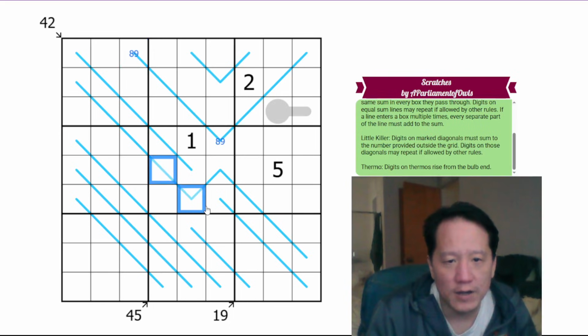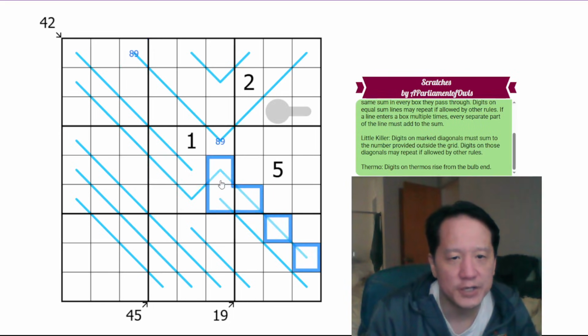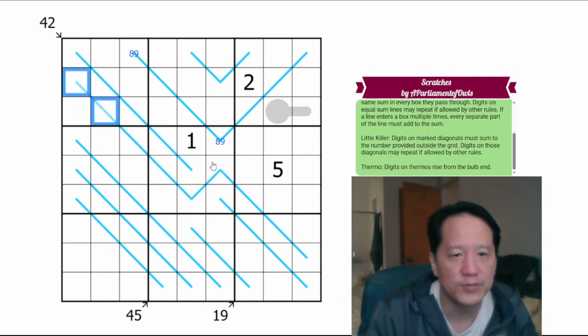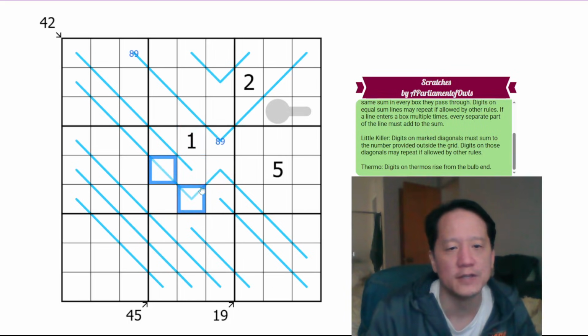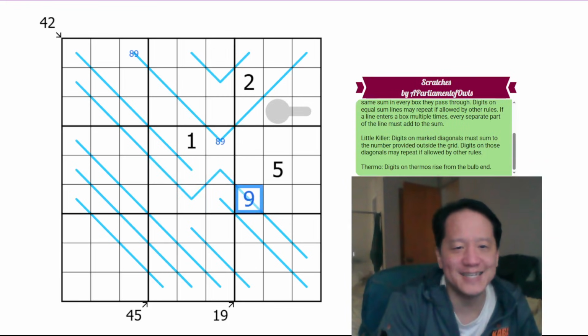We also have another region sum line where we have 3 unique digits on one segment and 1 on another. This has to be 2, 3, 4 at minimum, because we can't have 1 in that region's sum. So it's 2, 3, and 4, which guarantees this is a 9.